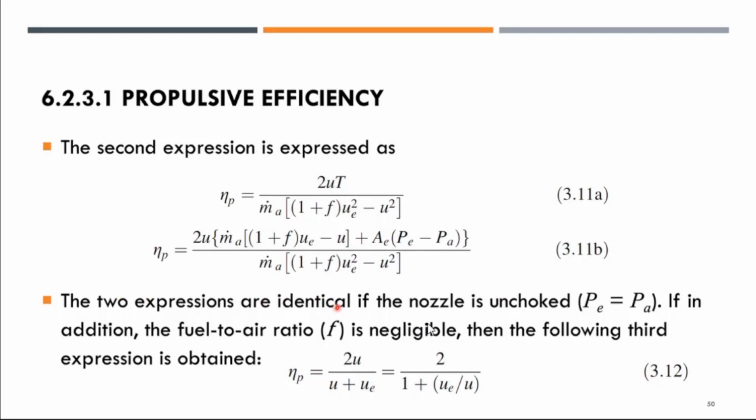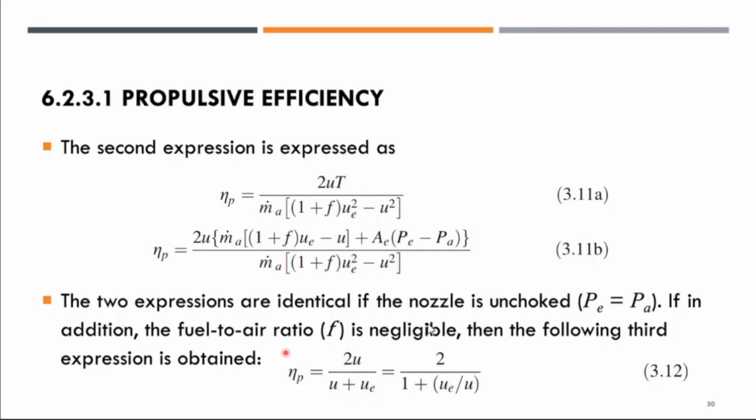If the nozzle is unchoked, where PE, the exit pressure, is equal to PA, the ambient pressure, and the component of F, the fuel to air ratio, is negligible, then 3.10a and b will be identical to 3.11a and 3.11b. So the following third expression can be obtained, right?